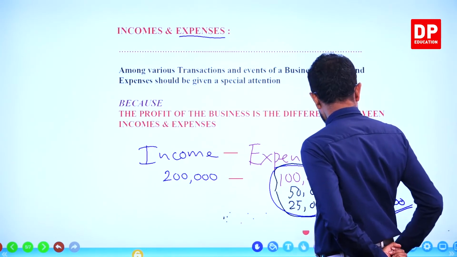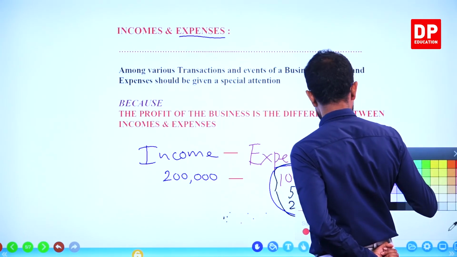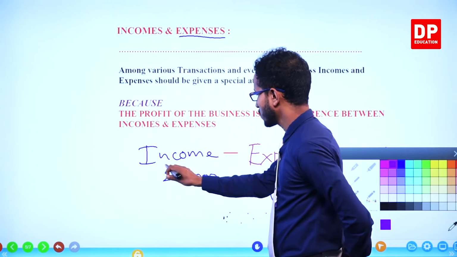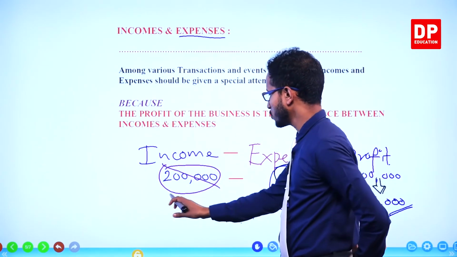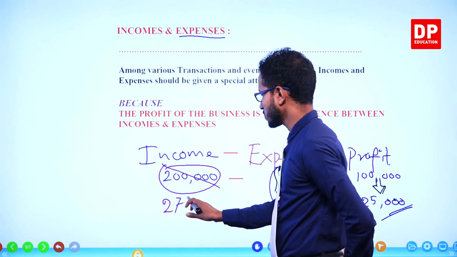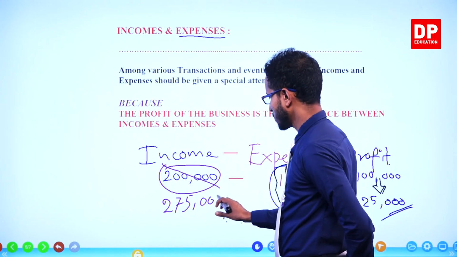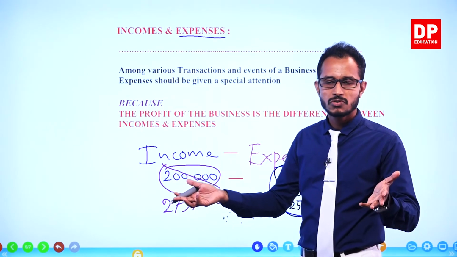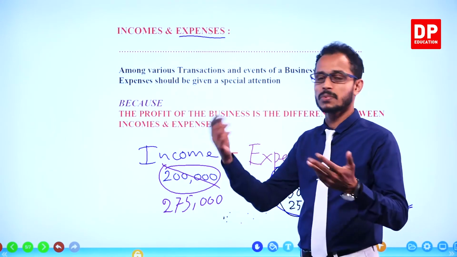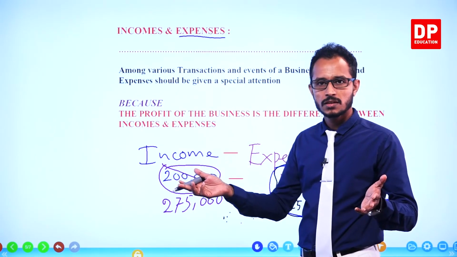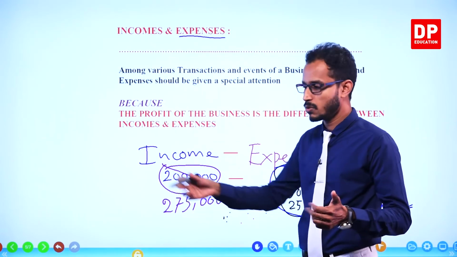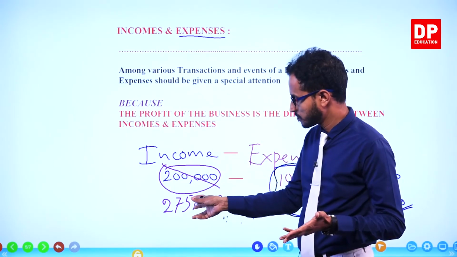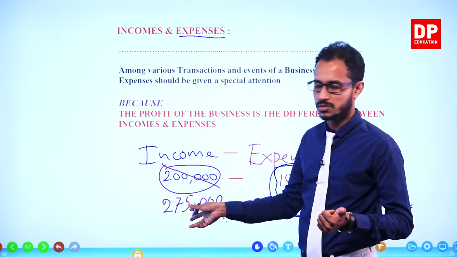If I increase my income, let's say not 200,000, I increased it to 275,000. I increased my income, which means I sold more phones, or I sold phones for a higher price. I sold this stock for a higher price. So I got more money, more of an income. This time I got 275,000.